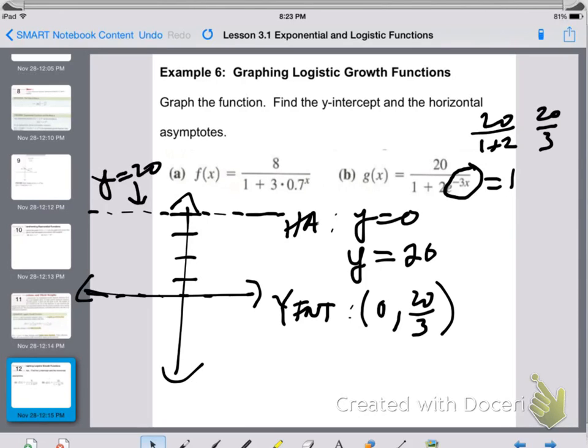And then the y-intercept is approximately 6.67. That, and then we got this going on. Now, I hope this helps and you are ready to do the homework problems when you come into class tomorrow.